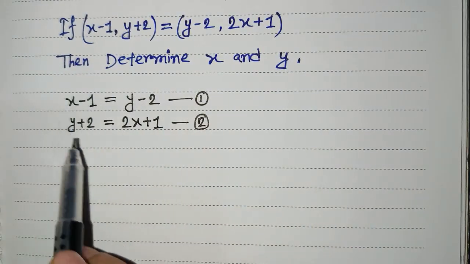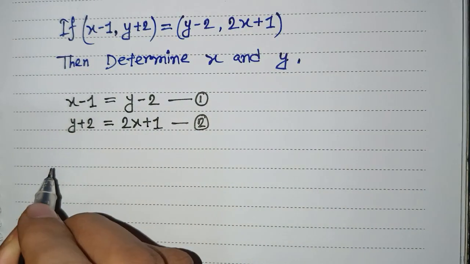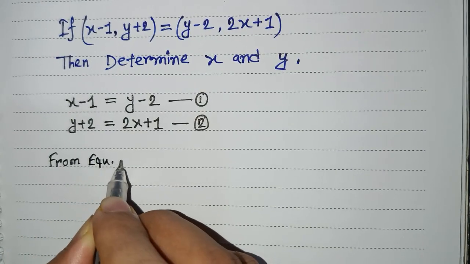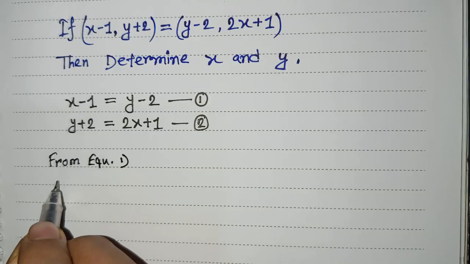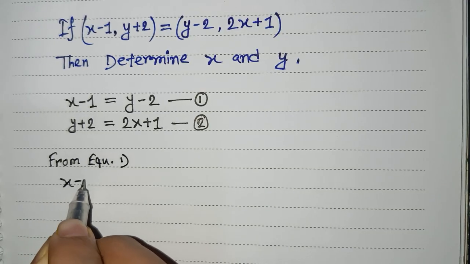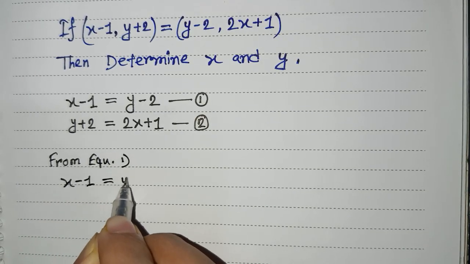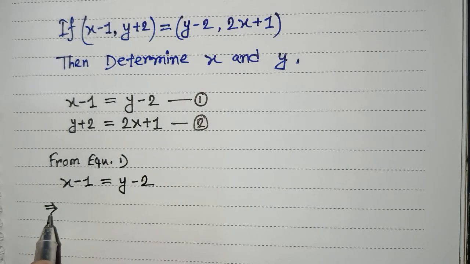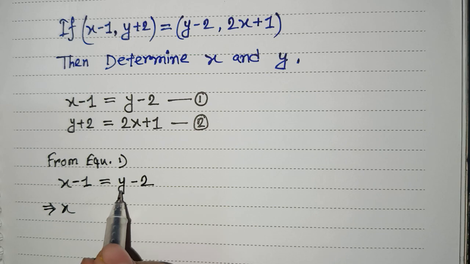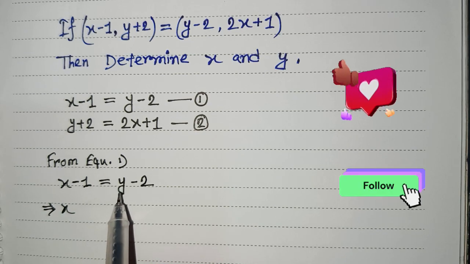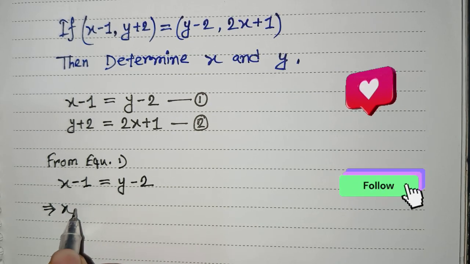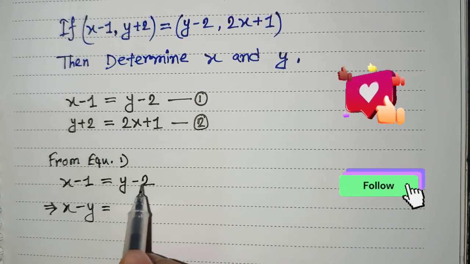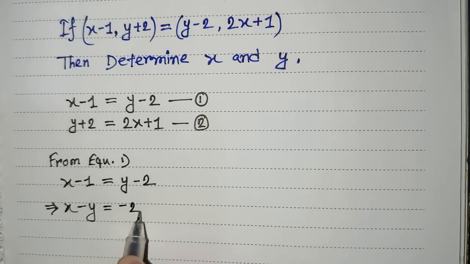Now we have to rearrange them. From equation number 1, x minus 1 equals y minus 2. Moving positive y from the right side to the left side, it becomes negative y, and here we have negative 2.